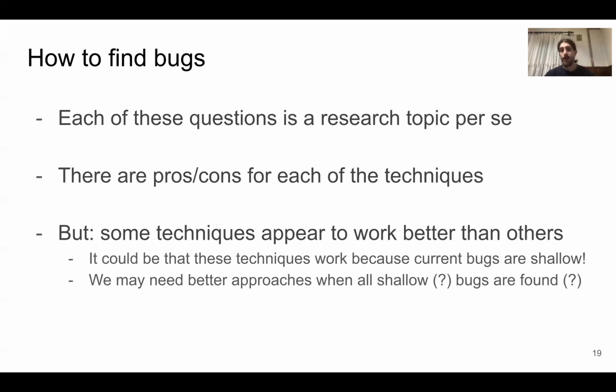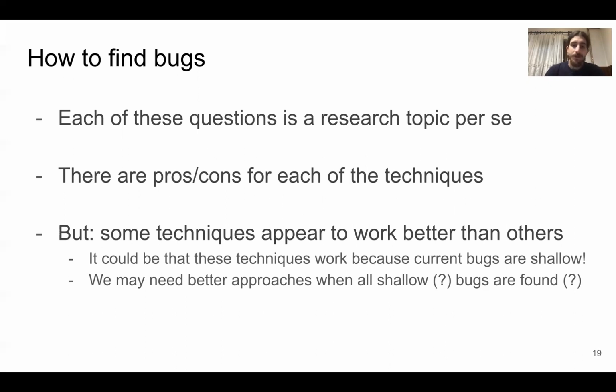Maybe you need to direct these random inputs in a better way, or start from something more specific and then make small variations. Again, there are many research papers that take some technique that doesn't work anymore and refine it so that it works again on more difficult to find bugs. Okay. This is also to say that it's very tricky to understand whether a technique is actually better than another.